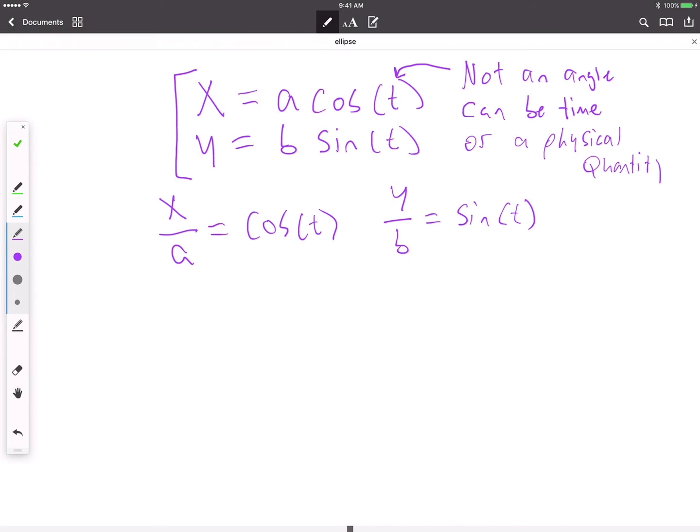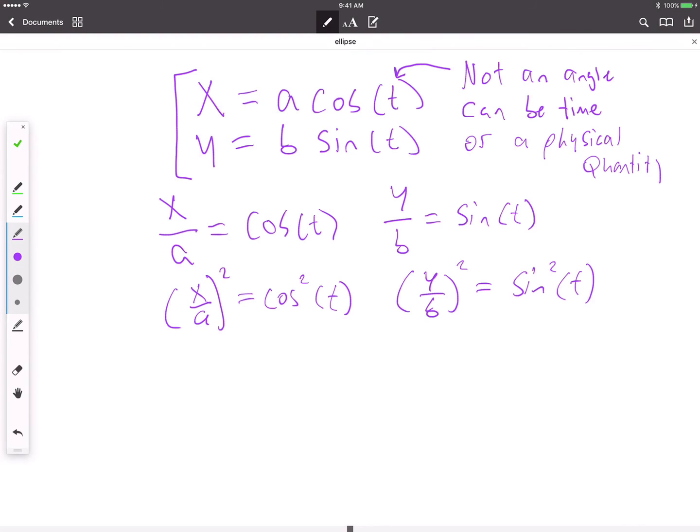Okay? Then we want to square both equations. So x over a squared equals cosine squared of t. And y over b squared equals sine squared of t. Cool. Now we're going to add the equations together.